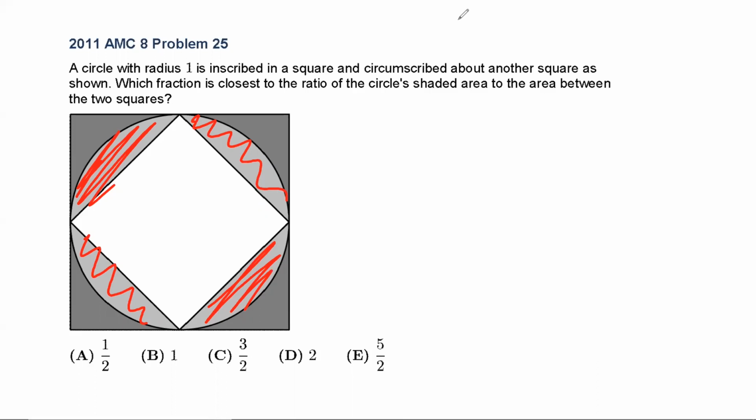Okay, so the circle's shaded area is the total area of the circle minus the white square.